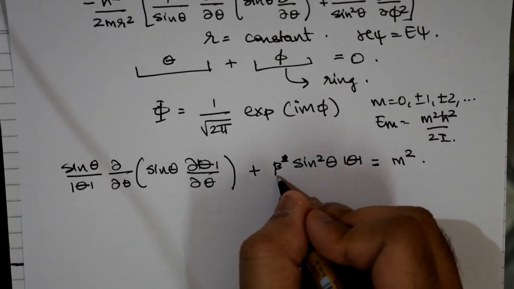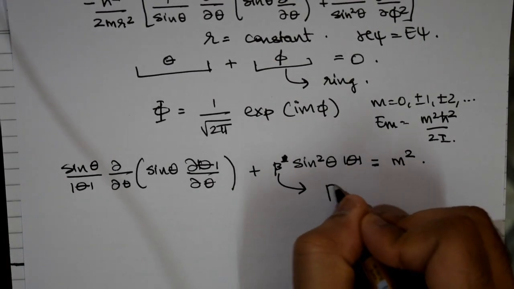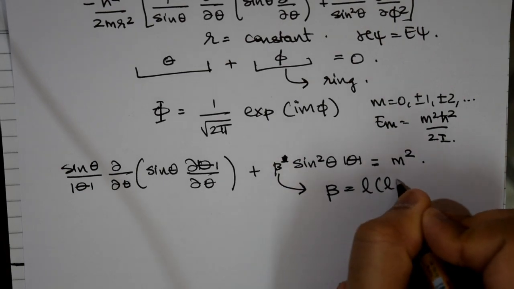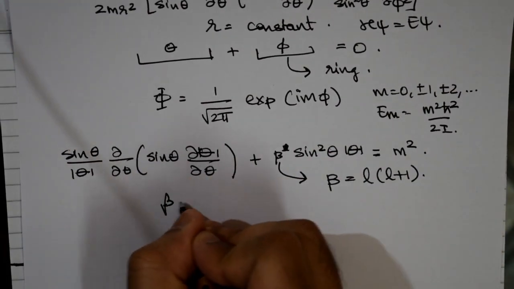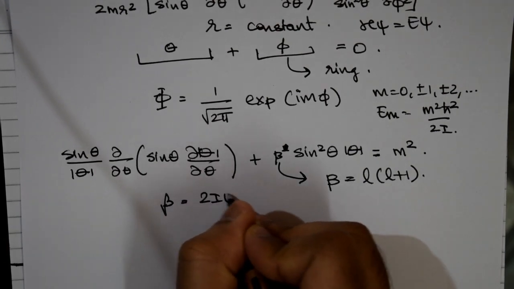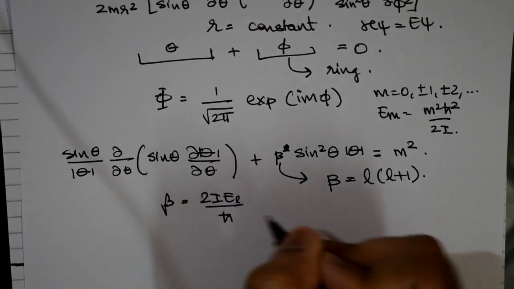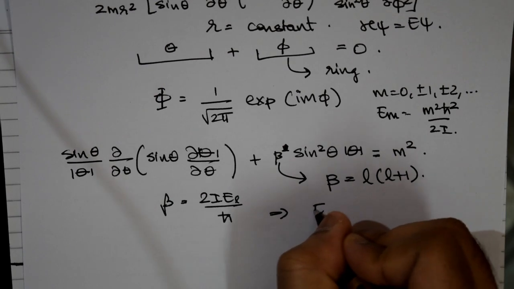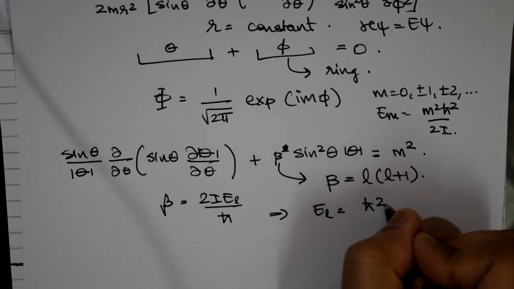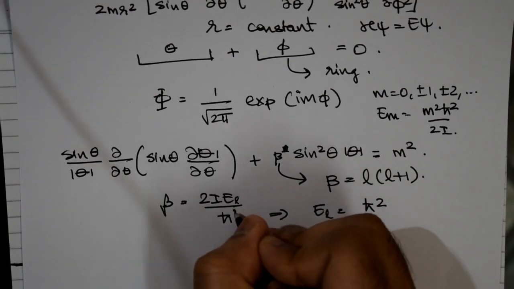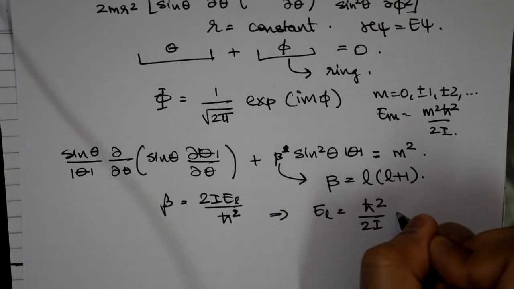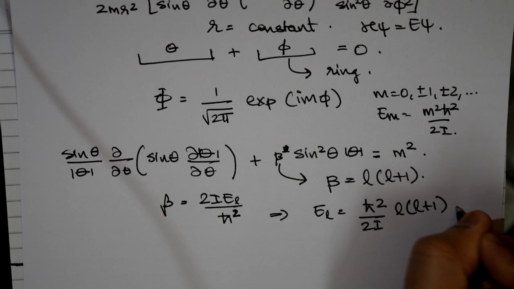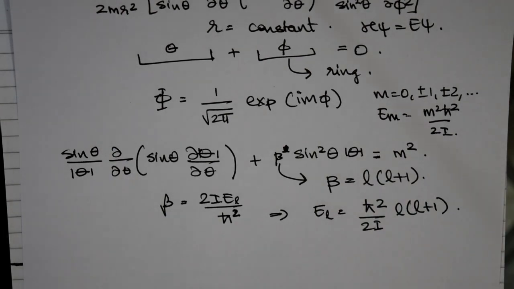Then we learned that if beta, when solved by the power series, is L into L plus 1, where beta was initially set as 2IE by h cross, this would imply E_L will come up to be h cross square by 2I L into L plus 1. So this is essentially where we left the previous class for the rigid rotor problem.